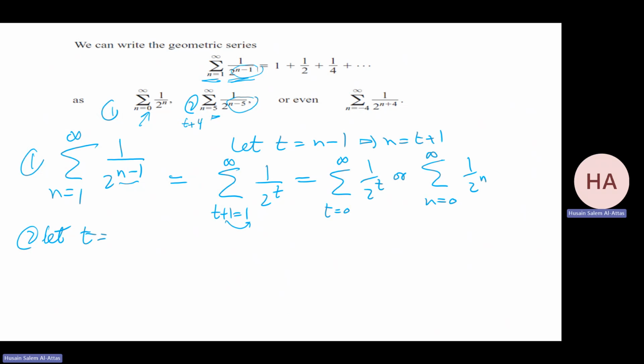So I let t plus 4 equal n, or let n equal t plus 4, or t equal n minus 4. So let me see what will happen. The summation n equal 1 to infinity, 1 over 2 to the n minus 1, will be t equal n minus 4, so n equal t plus 4.